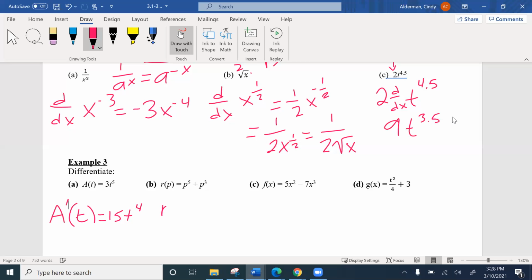Cool. All right, how about this one? R prime of P. Come on, don't leave it hanging. Come on, guys and girls. This is just power rule and sum and difference rule together, right? Yes. Exactly. 5, thank you.